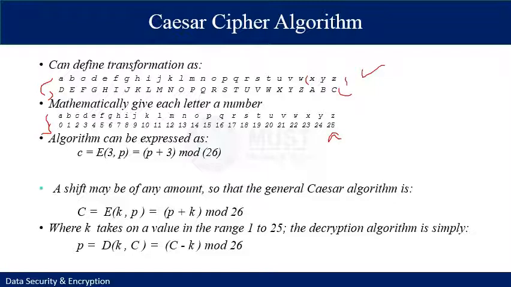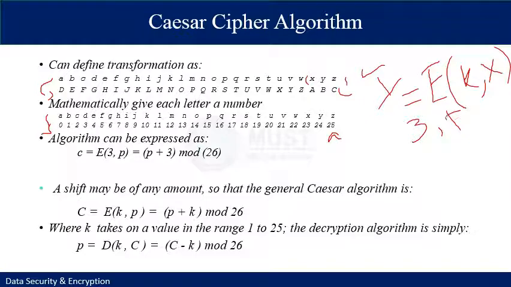So our definition for ciphertext was using an encryption algorithm, using the key, and using the X. So it states that we have the key of 3 here, and the message was some kind of paragraph, and we apply the encryption algorithm.